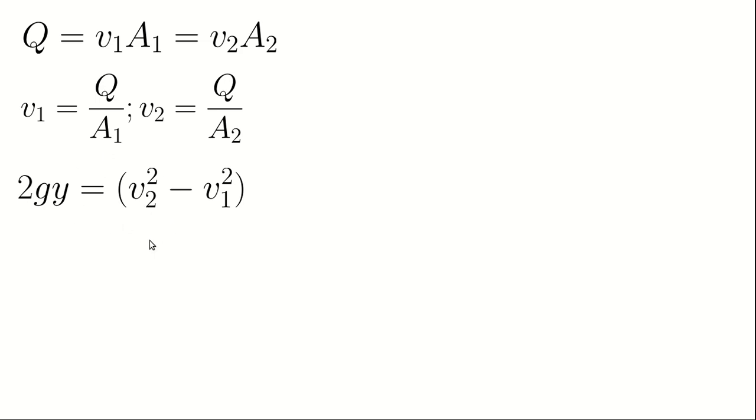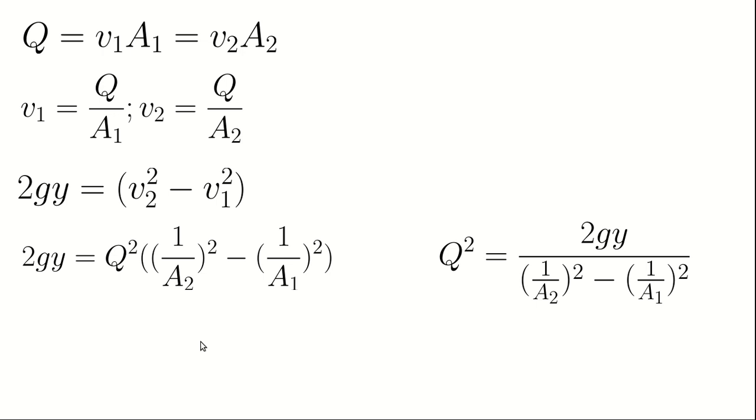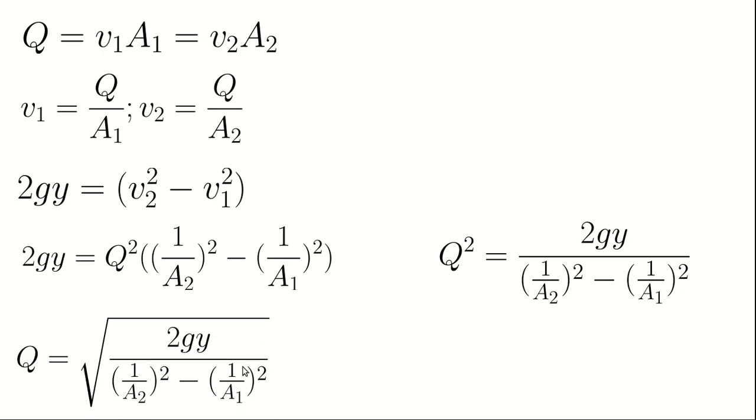So if we substitute, we have Q squared equal to, because by that time when we substitute, Q will be common in both and we'll factorize, and at the end we make Q the subject of the formula, and that gives us 2gy all over this expression. We can simplify this one further, and that gives us this one if we find the square root.